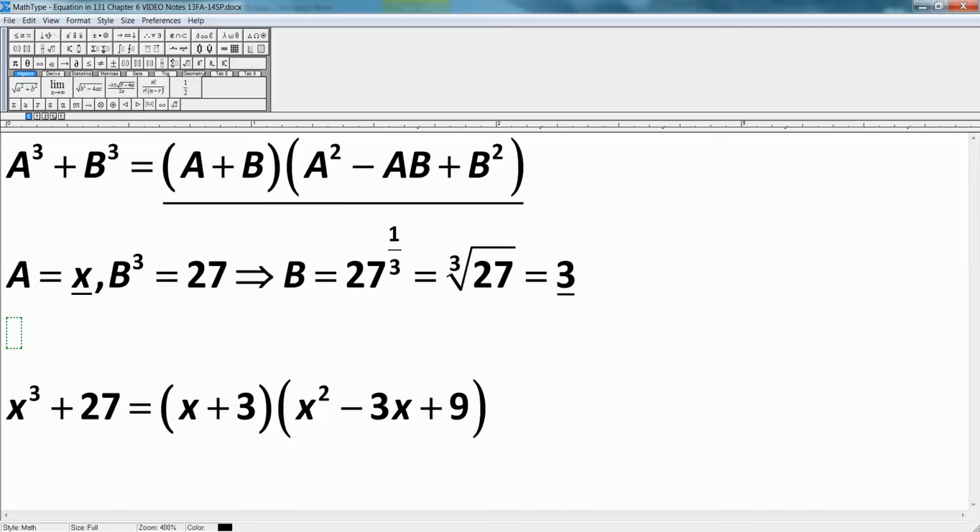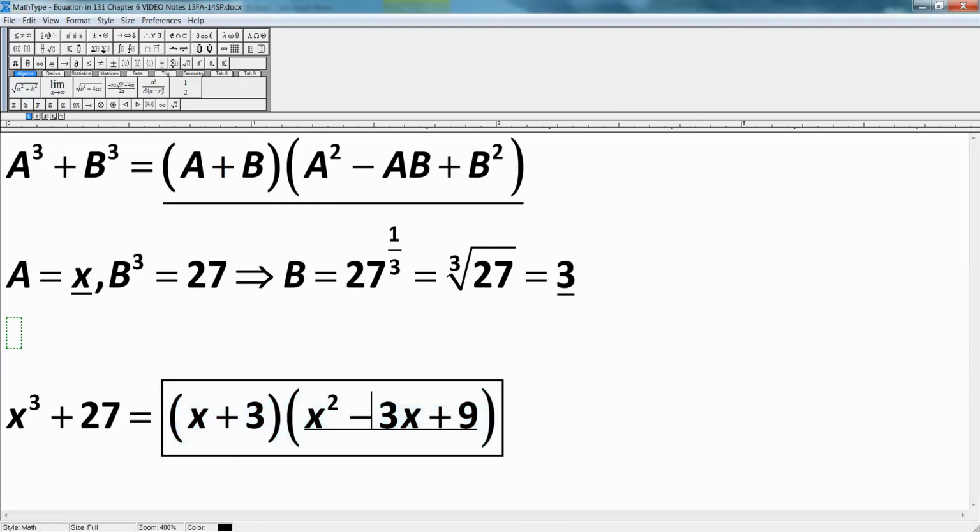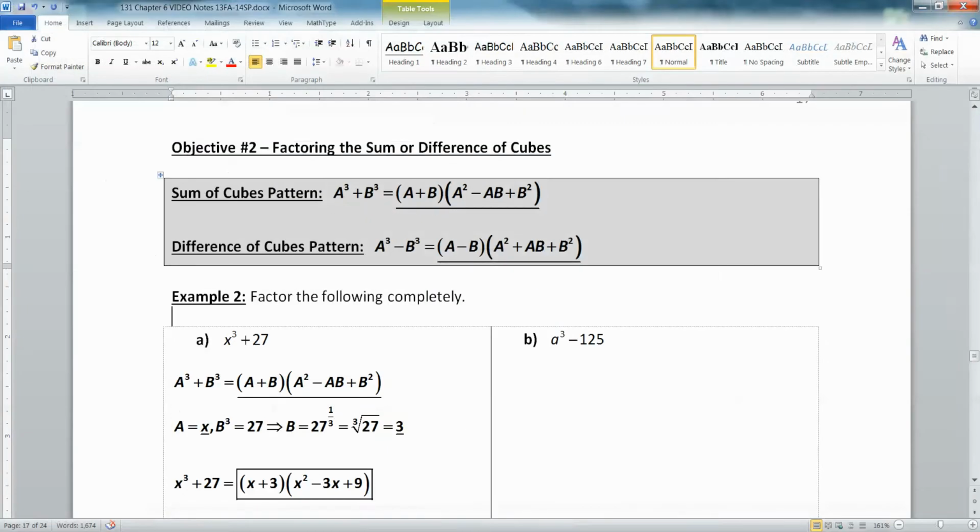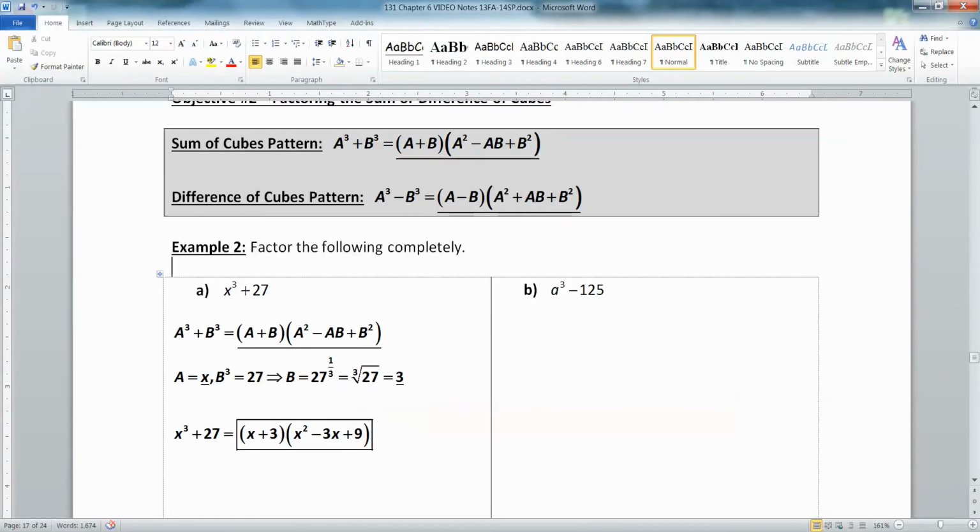And you're done. That's all there is to it. This back parentheses is not factorable. It's never factorable, so you don't have to worry about it. You're always done once you've used the formula, as long as there's no GCF to take out in the first place.